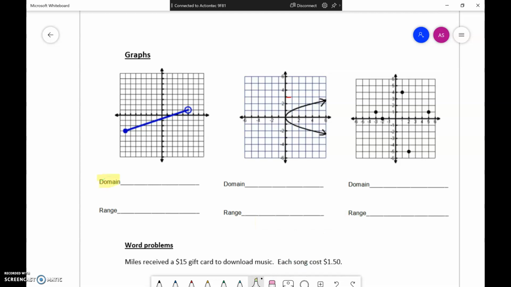So domain is my x, which I'm going to look at my x-axis. We know that the x-axis goes from left to right. So I need to see, where does this graph start? So I'm going to draw a line here. Okay, and I'm going to label this x because we're drawing a line through the x-axis because that's what we're trying to find.